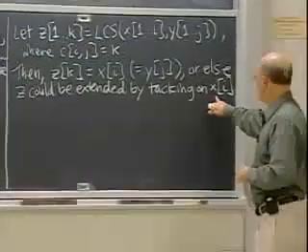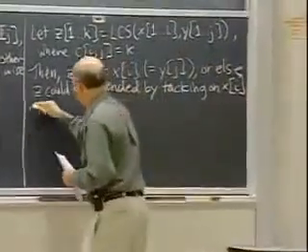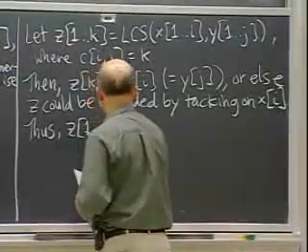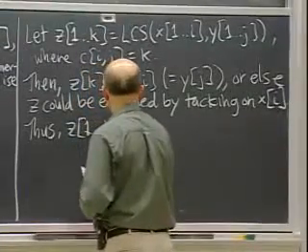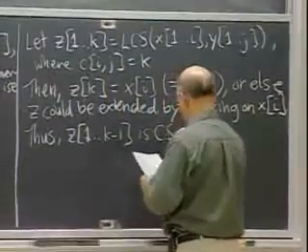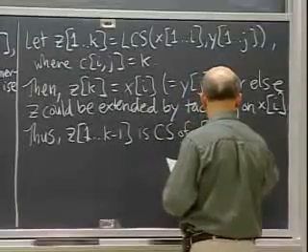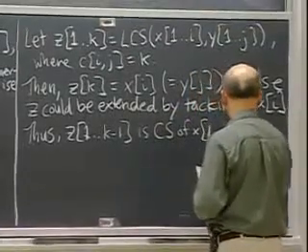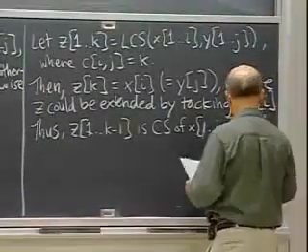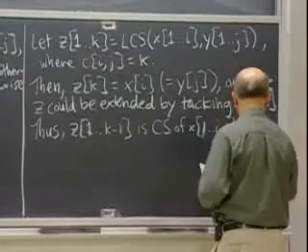So if that's the case, then if I look at z going from 1 up to k minus 1, that's certainly a common sequence of x of 1 up to i minus 1 and y of 1 up to j minus 1.